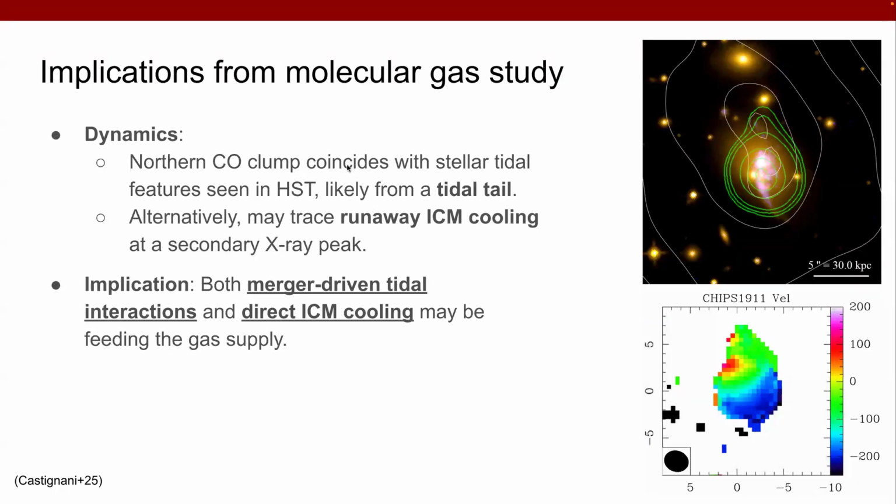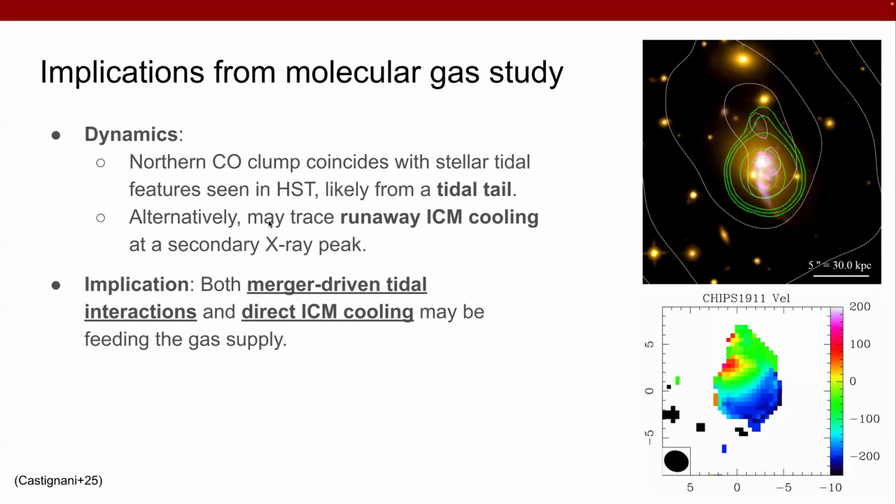So what they think is happening is that this is a tidal tail from a collision, or some activity moving around, then this molecular cloud is also moving with some tidal tail coming out, just like what we see in Hubble.